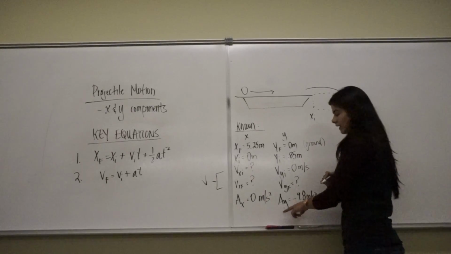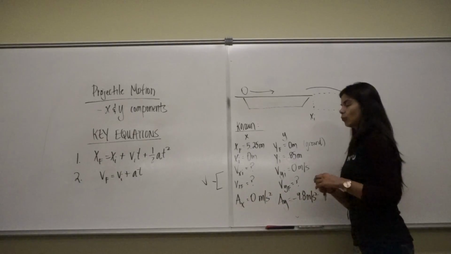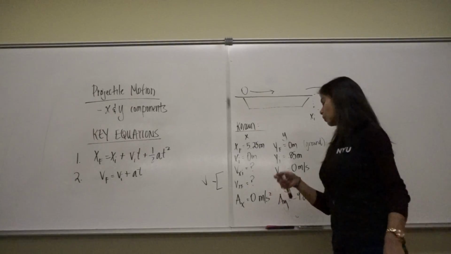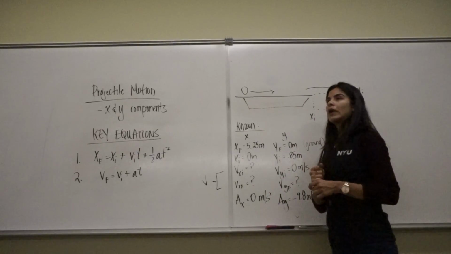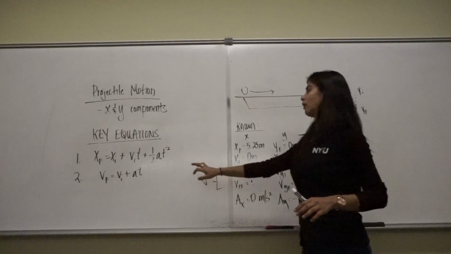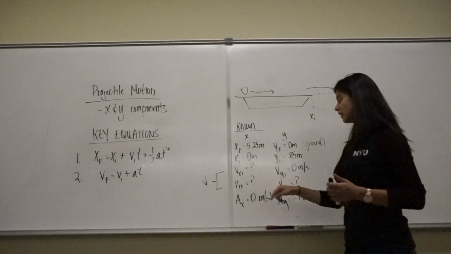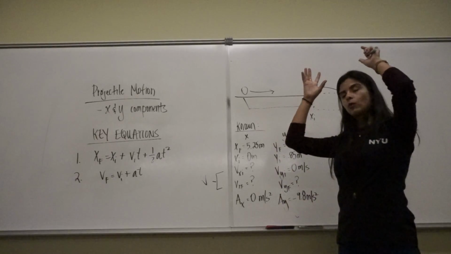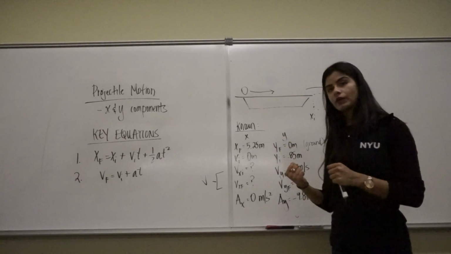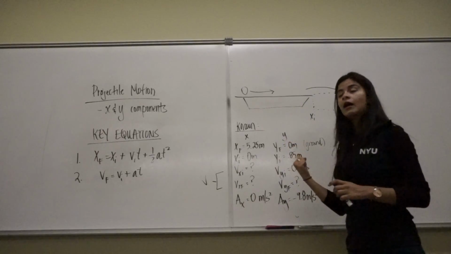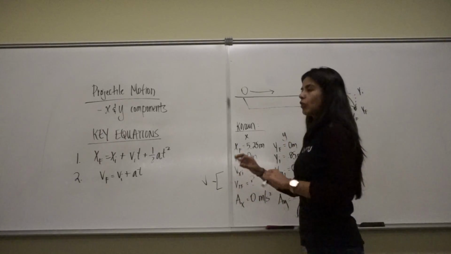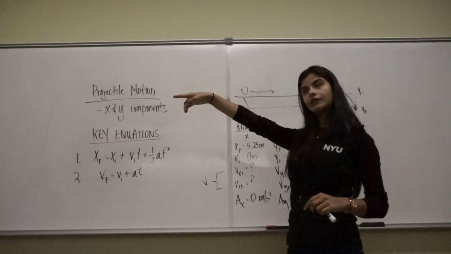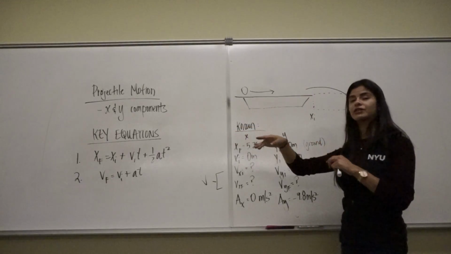So the difference between here and here is because in the Y direction, you will always have an acceleration due to gravity. Whenever we do our equations, we're always labeling A as negative 9.8 because the object is accelerating downwards because gravity is pulling on it. In the X direction, there is no force that's continuing to push the object in the horizontal direction.